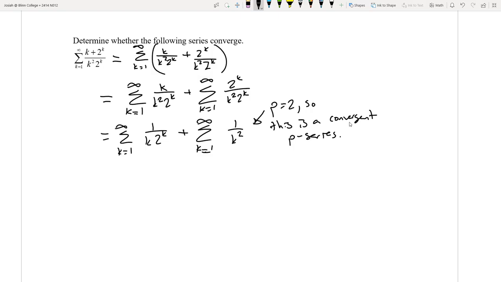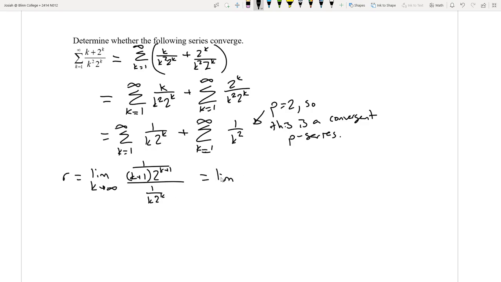For our other series here, we can figure out what we want to do. We can do perhaps a limit comparison if we drop the 2 to the k, perhaps. But this one looks like it would actually respond well to a ratio test. So we'll take the limit as k tends to infinity of 1 over k plus 1 to the k plus 1, over 1 over k to the k.